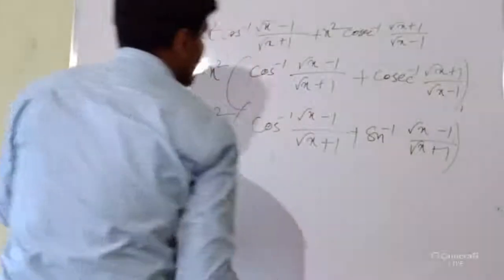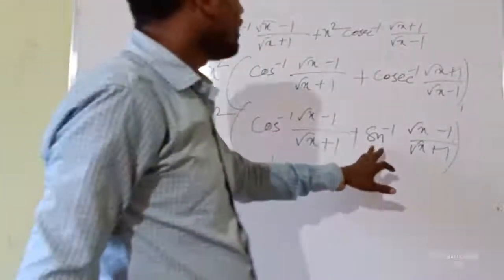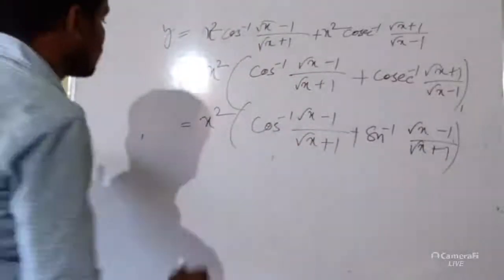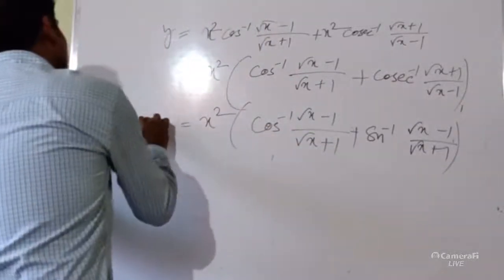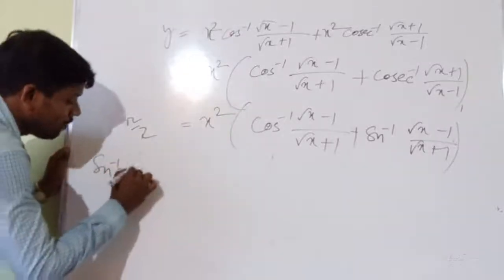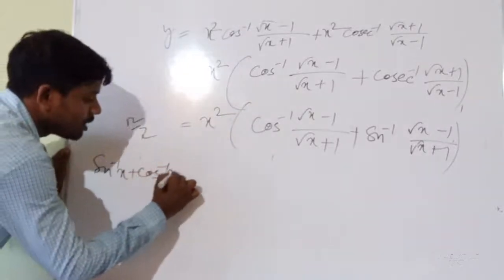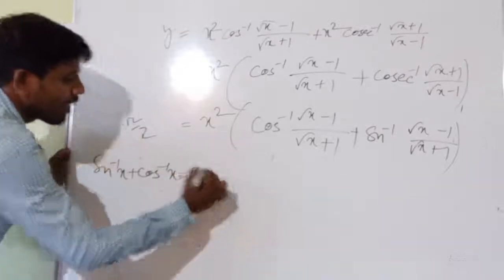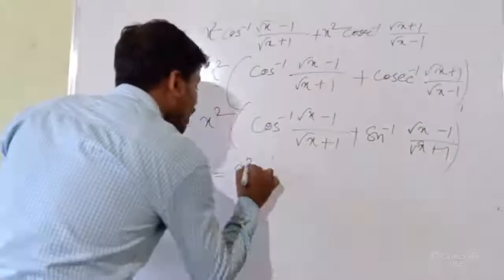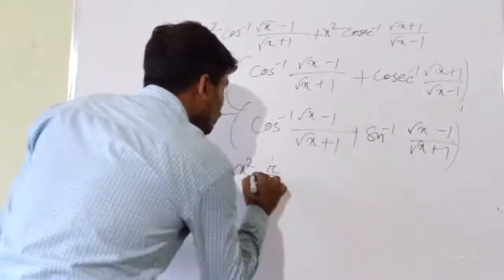Now if we have sine inverse x plus cos inverse x, this is equal to pi by 2. Now we can write here x square into pi by 2.